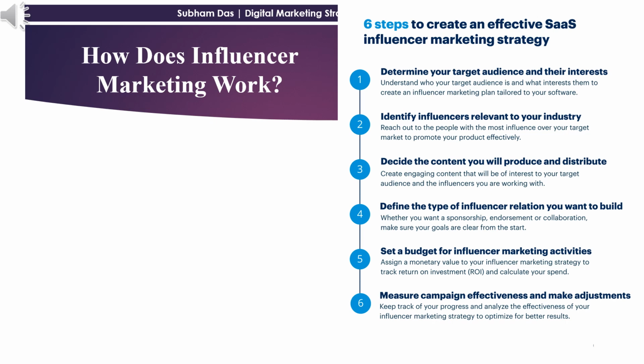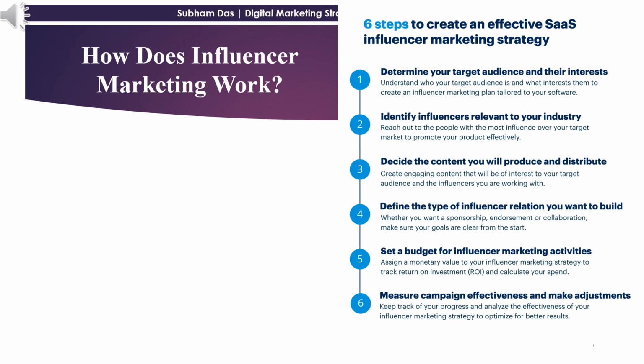Now, after you've done that, the third step is to decide on the content you want to produce and distribute via the influencer. That is, you are planning the content that you want to promote through the influencer. That is the third step.